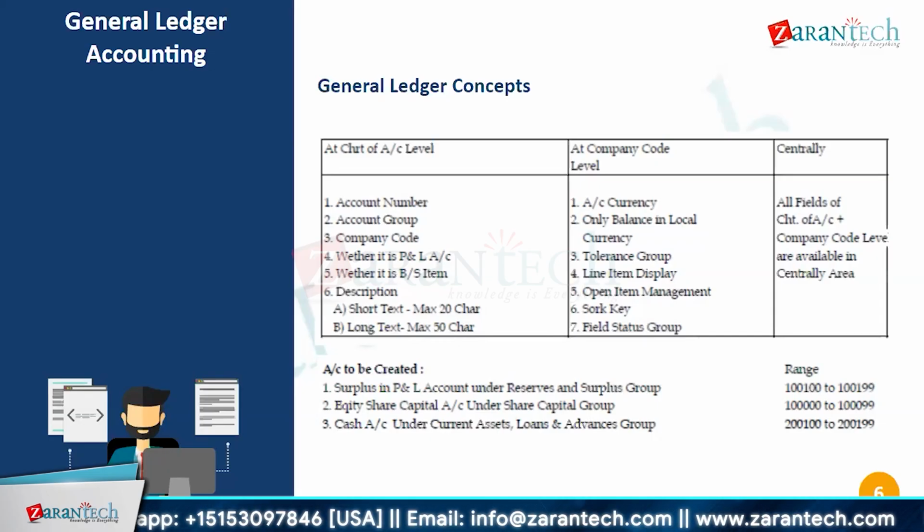Balance in local currency means company code currency. Is there any tolerance group? A tolerance group would be the maximum amount that can be posted to this particular GL account.